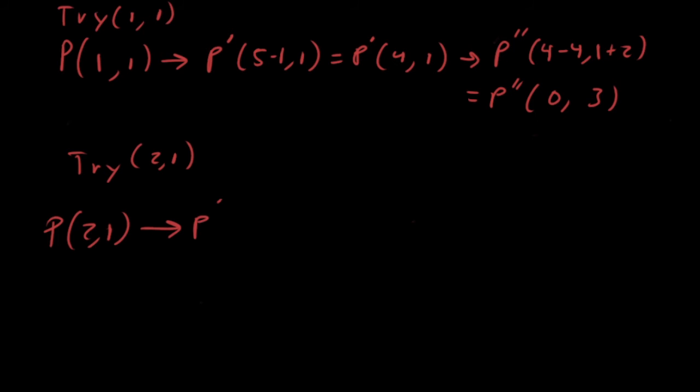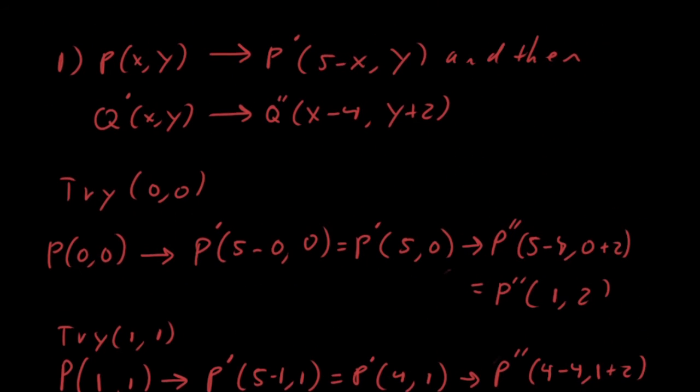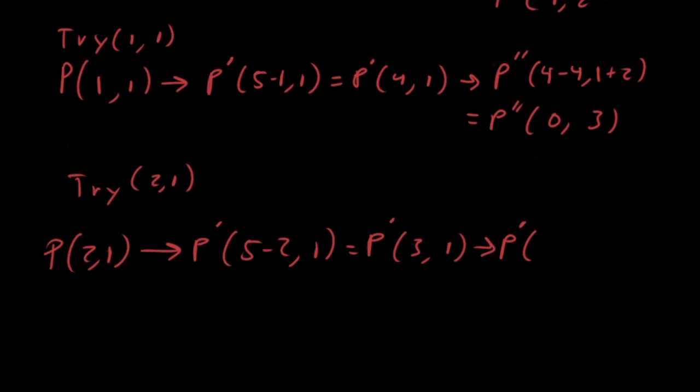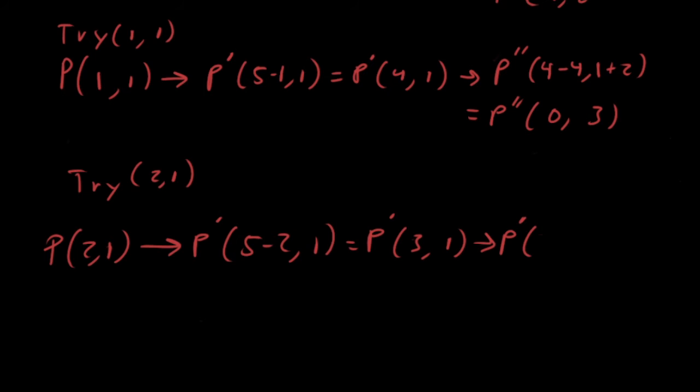This is going to go to P prime, which is 5 minus 2, 1, which is equal to P prime 3, 1, which goes to P double prime. What was it? x minus 4. So 3 minus 4, and then 1 plus 2. So P double prime is equal to negative 1, 3.